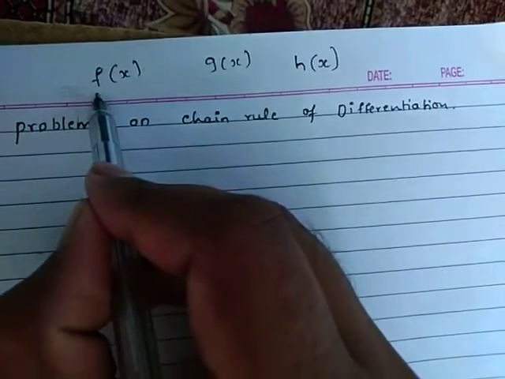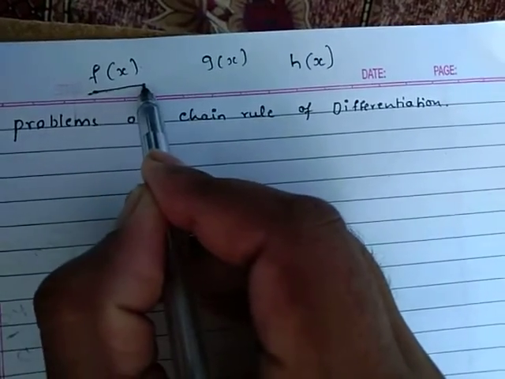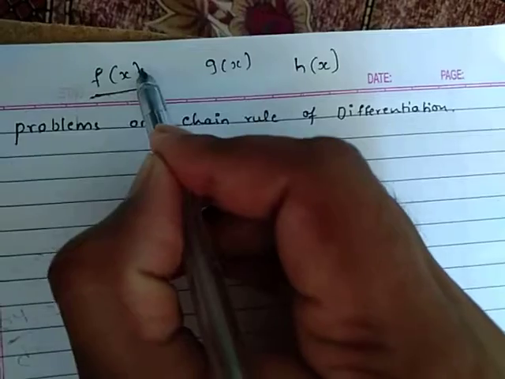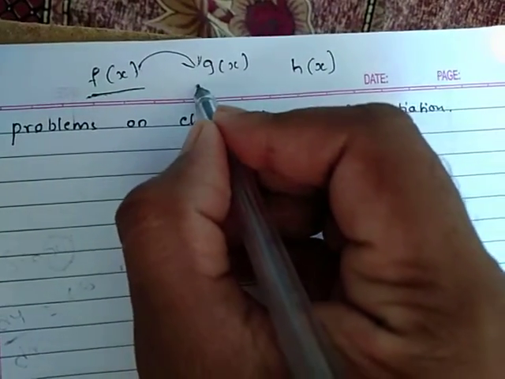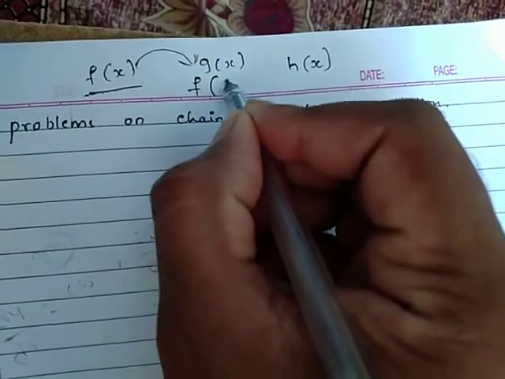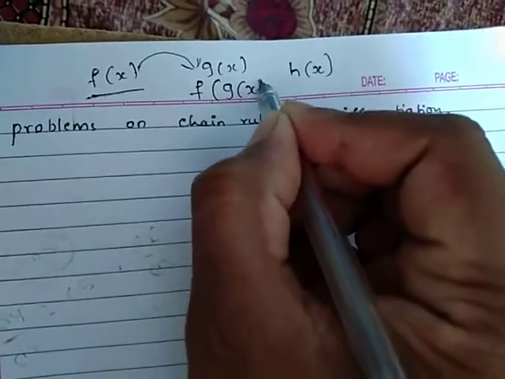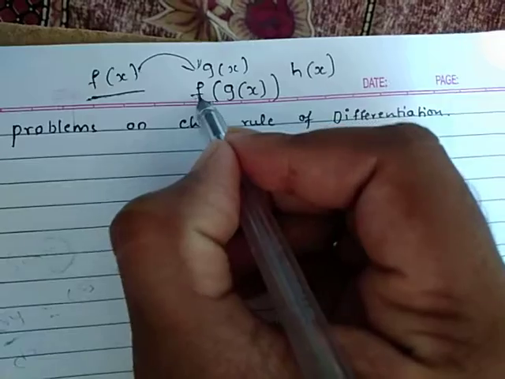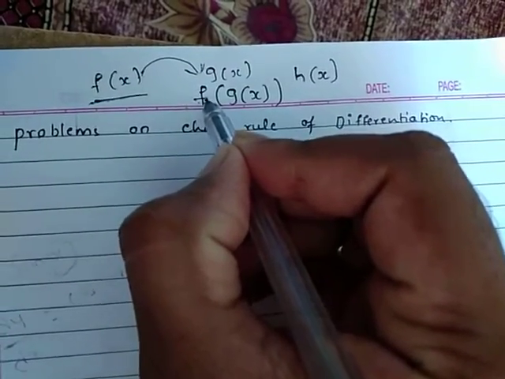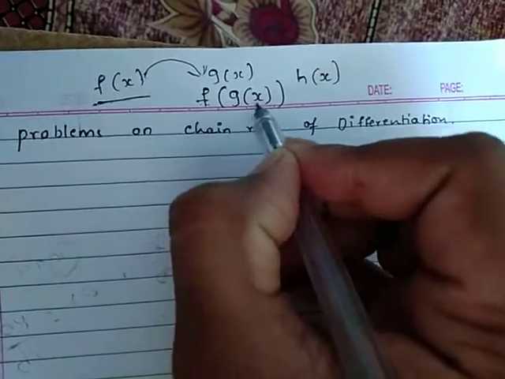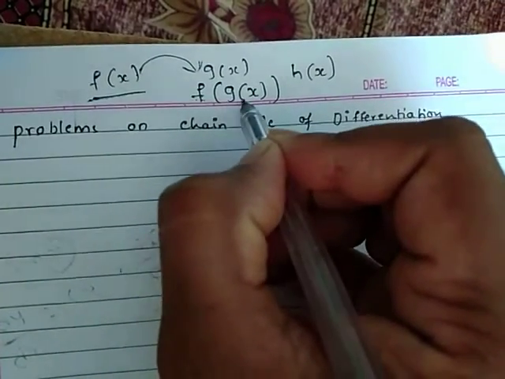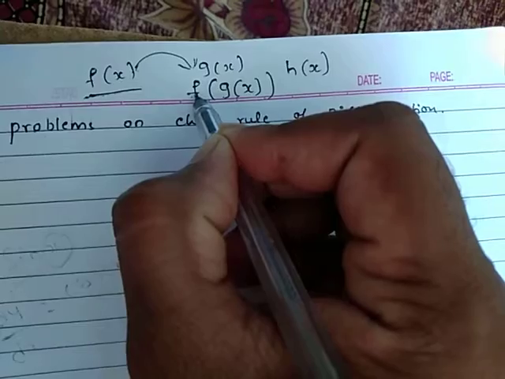Suppose in f of x we have g of x, by assumption, meaning f of g of x. In the place of x in f, g of x is going to act as the x variable in the function f.